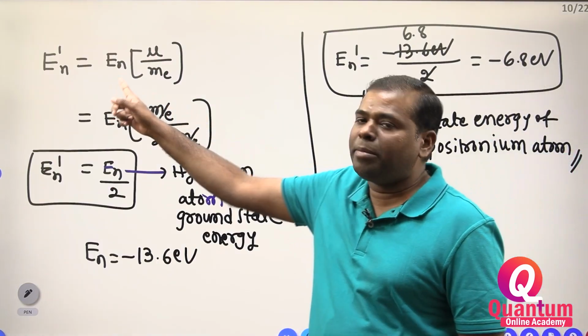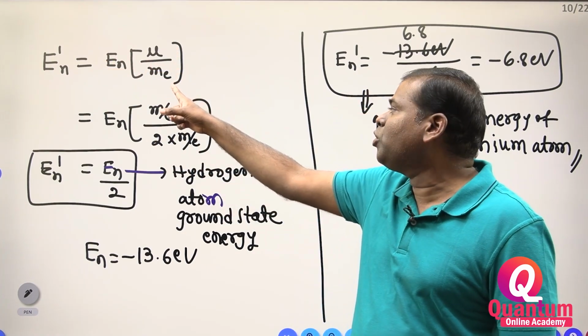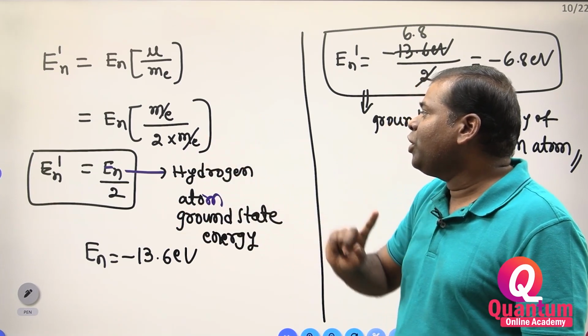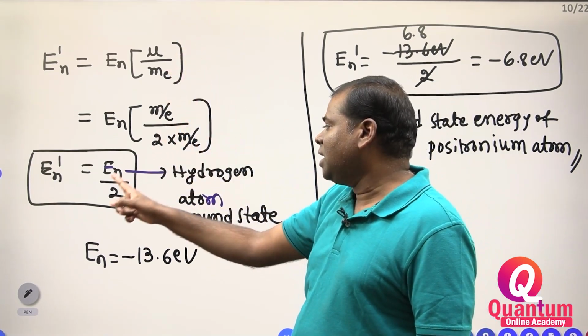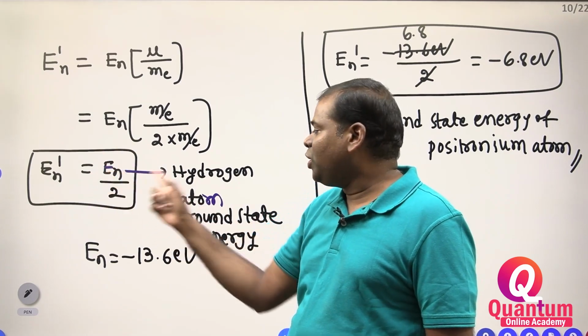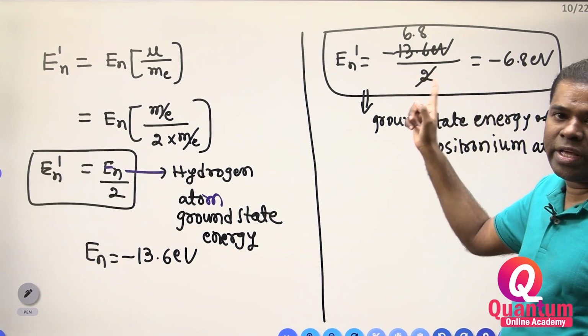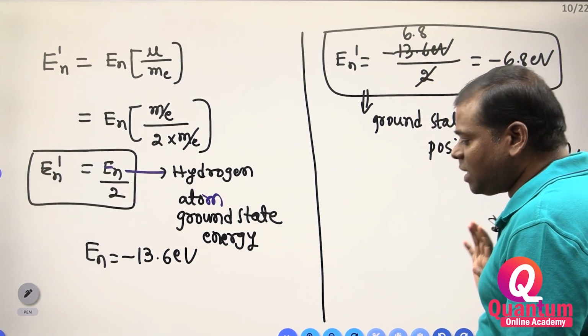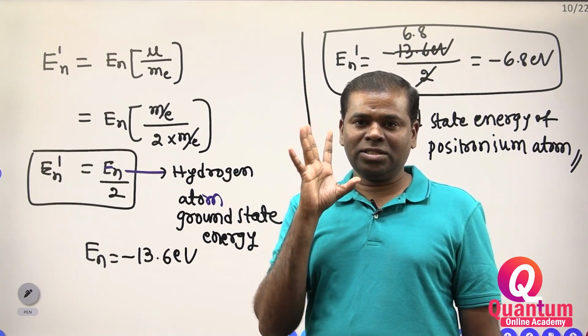What is the finite mass correction formula? En dash is equal to En into mu by me. Therefore, you substitute the reduced mass. Then from this you will get the ground state energy of the positronium, which is minus 6.8 electron volt.